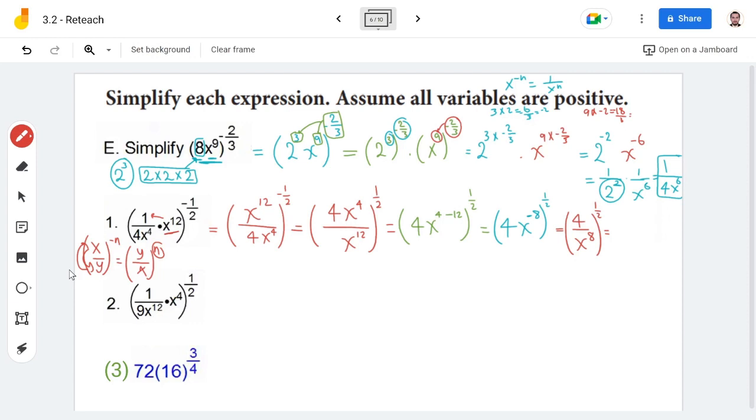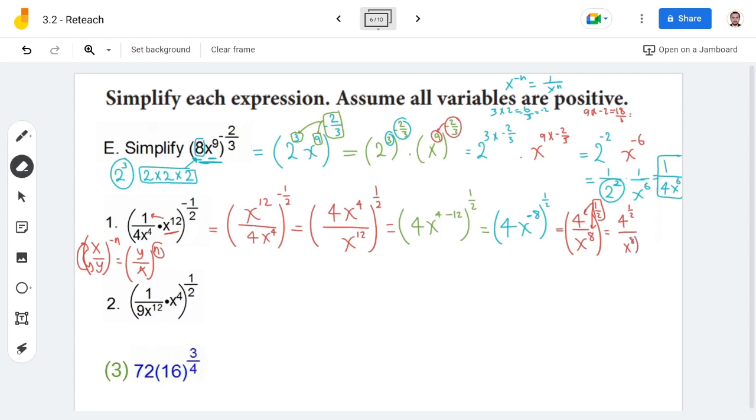Okay, what's happened? Now let's distribute the half to the 4 and to the 8. So it will be 4 to the power of half and x to the power of 8.